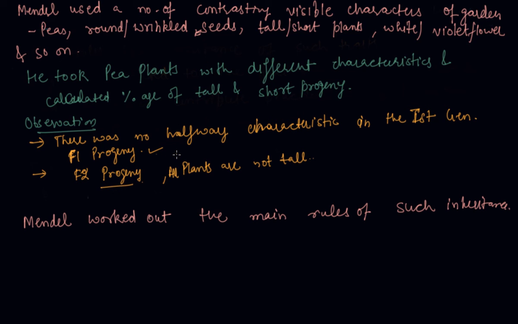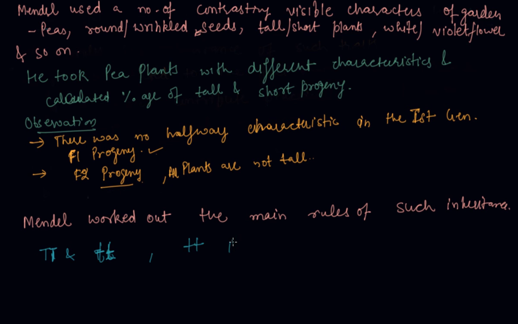So we can say that these two may be identical or different depending on the percentage of the progeny we are getting from both the parents. So in this explanation, the two pea plants which we have taken, let's say the first is TT, the second is tt.